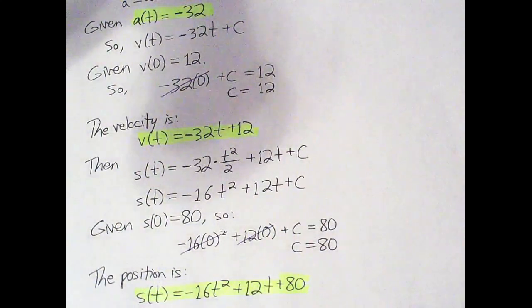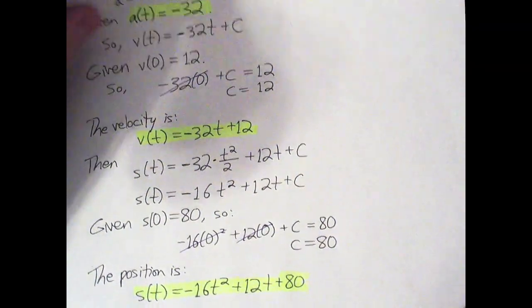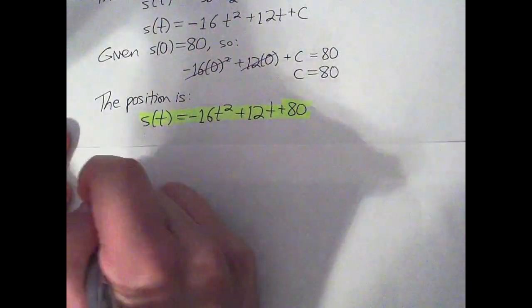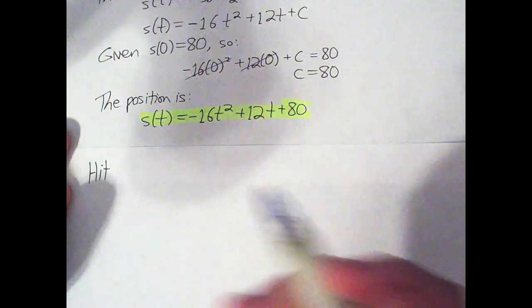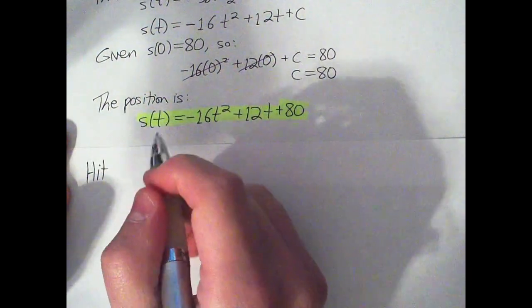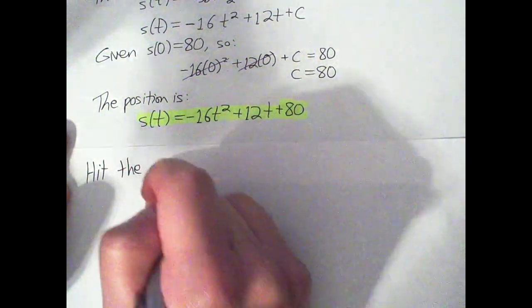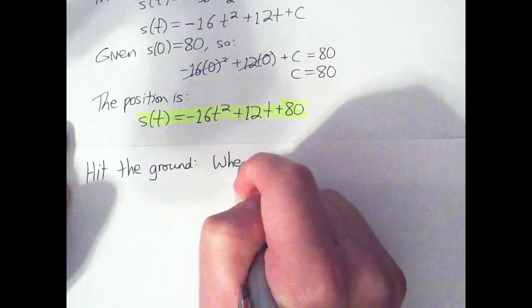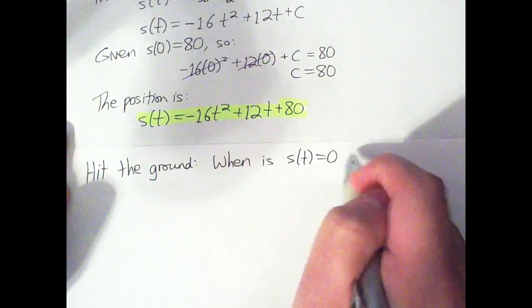All right, so we have to move some of this away. I'm taking a second look at the problem, and what is it asking us? It says, how long does it take for the package to reach the ground? So we want a t value, right? We want t equals something. My answer is going to be some number of seconds. It hits the ground basically when s of t equals 0.